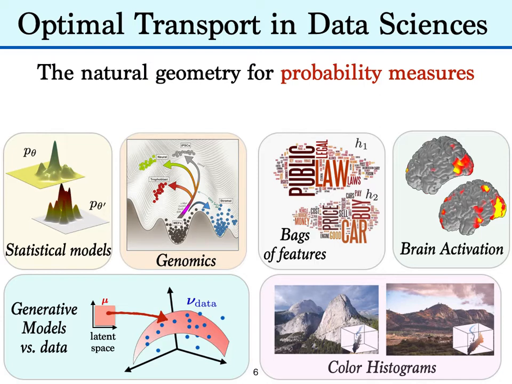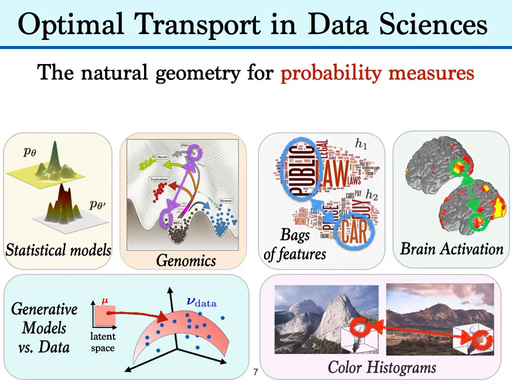Finally, in graphics or image processing, of course, we have a lot of probability distribution descriptors that can be cast as probability distributions. So here that might be the color palette of two images. So in each of those cases, optimal transport has shown new ways to handle those comparisons.